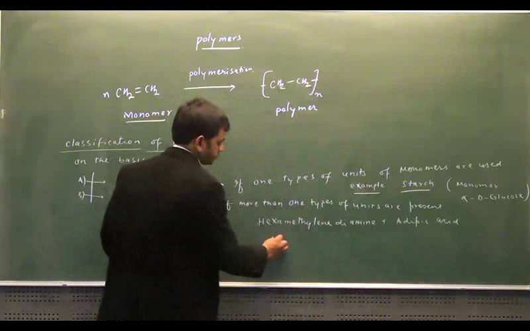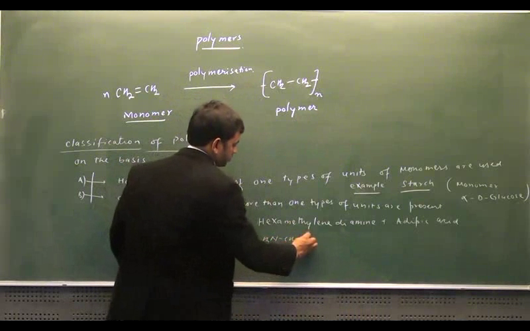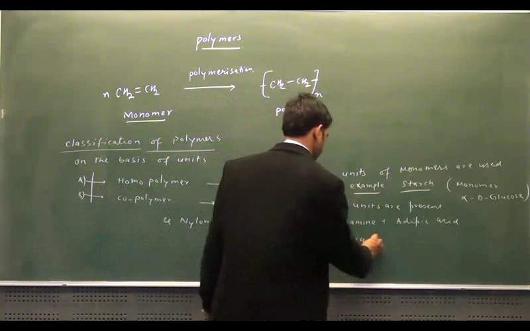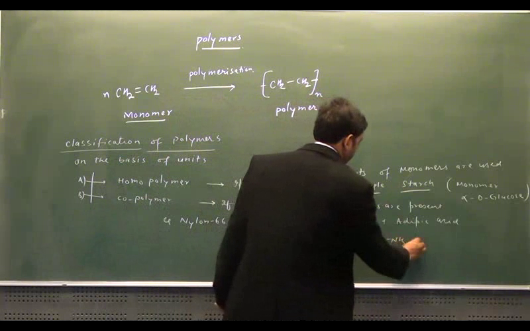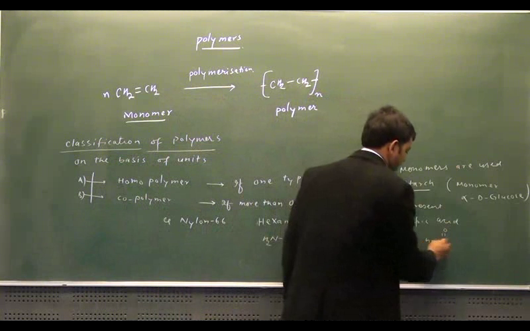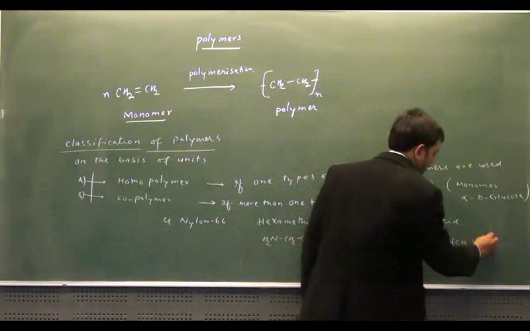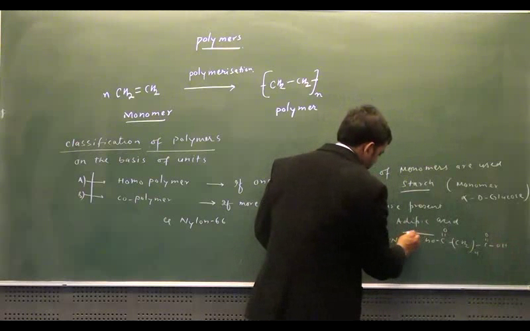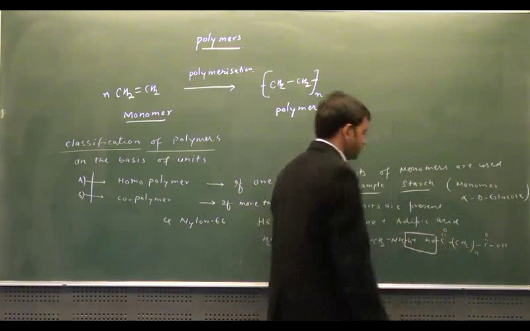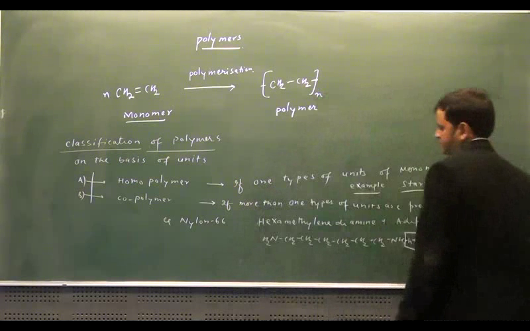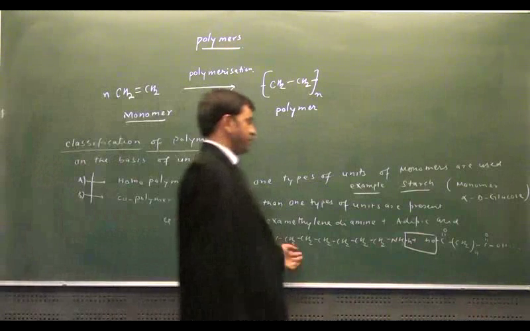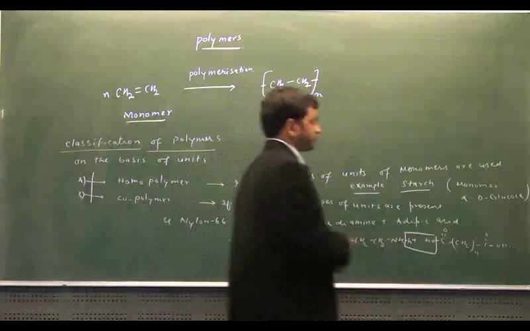Hexamethylene diamine is NH2, CH2, CH2, CH2, and adipic acid is COOH, CH2 whole 4, COOH. It removes a water molecule, and the same repeated unit forms nylon 66. So two types of units are used, hexamethylene diamine and adipic acid, so it is a copolymer.